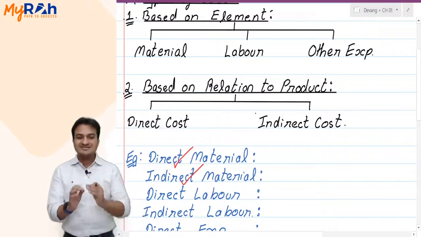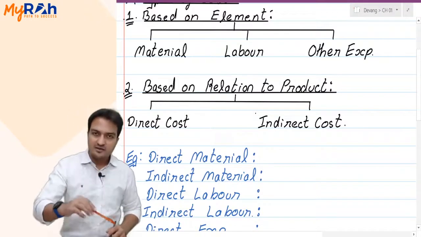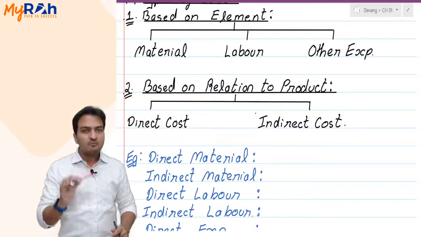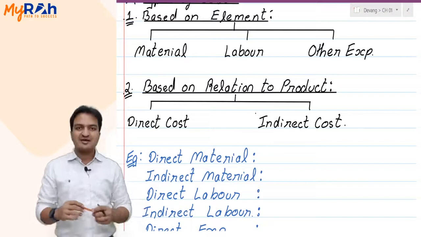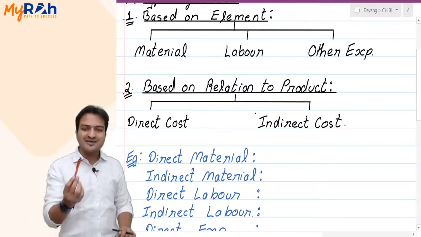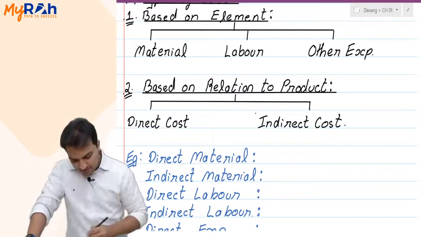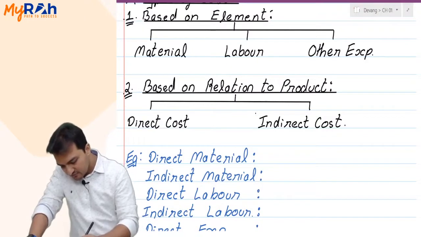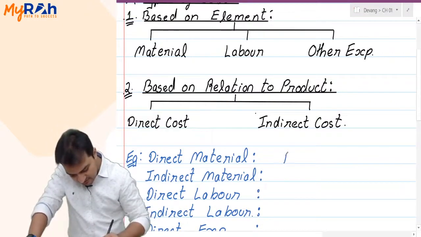Direct material means the material which is directly used on this product, while indirect material will be the material that is not directly used on this product, but is still used in my factory. That would become indirect material. Now, direct material and indirect material, both I'll explain with examples. Direct material, well, for direct material, I gave an example, that is, say, plastic.